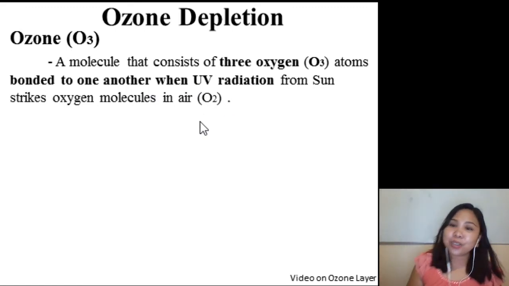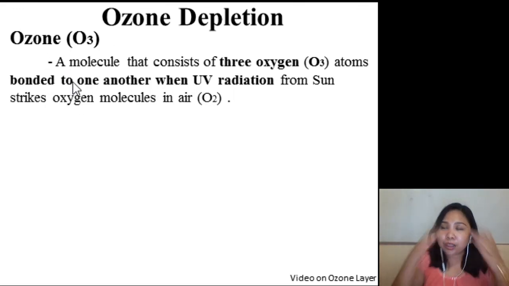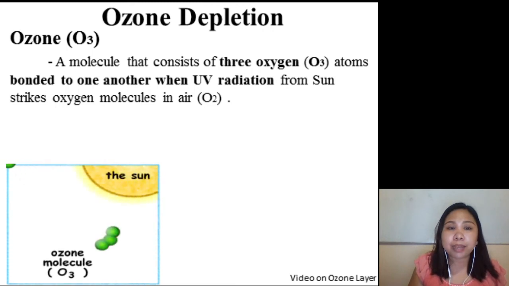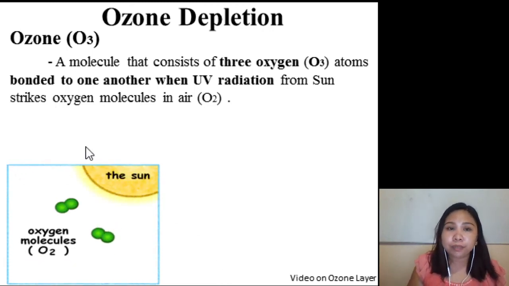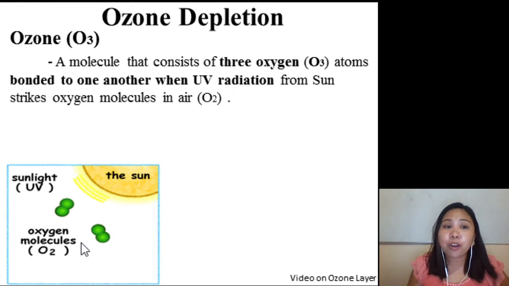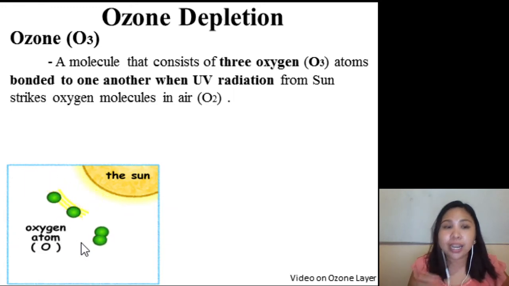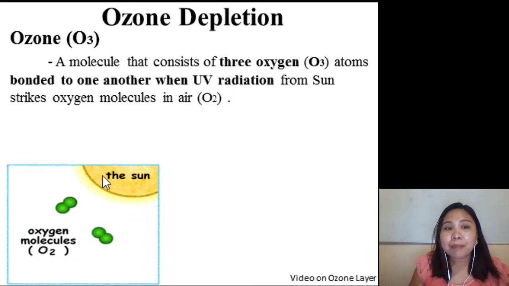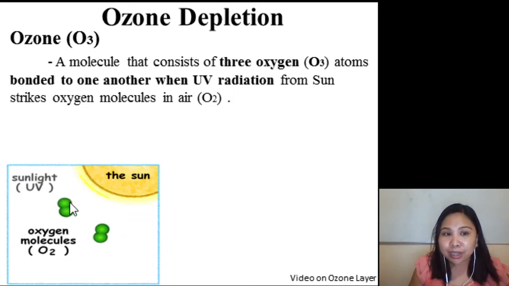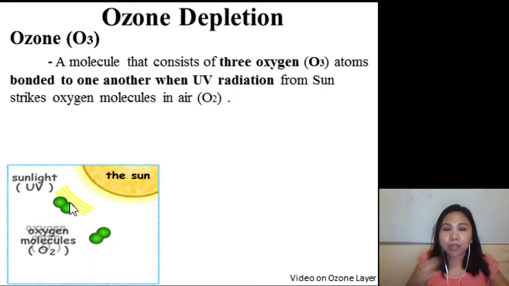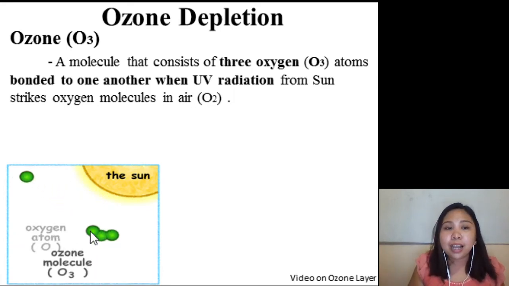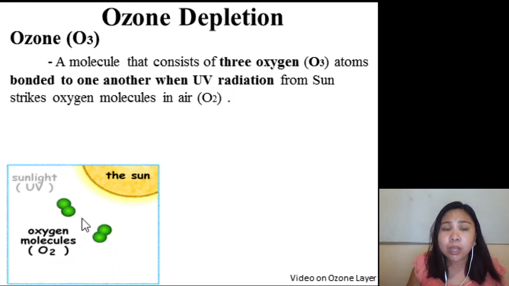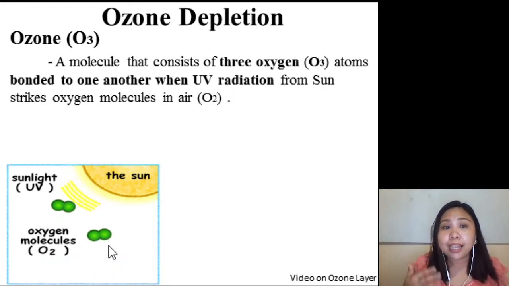This is a naturally occurring chemical or molecule, ito yung protective ozone. Whenever merong oxygen molecule sa ating atmosphere, kapag yung ultraviolet radiation coming from the sun tinamaan yung oxygen molecule, magi-split yung oxygen gas, then yung isang oxygen atom will combine to form the ozone.